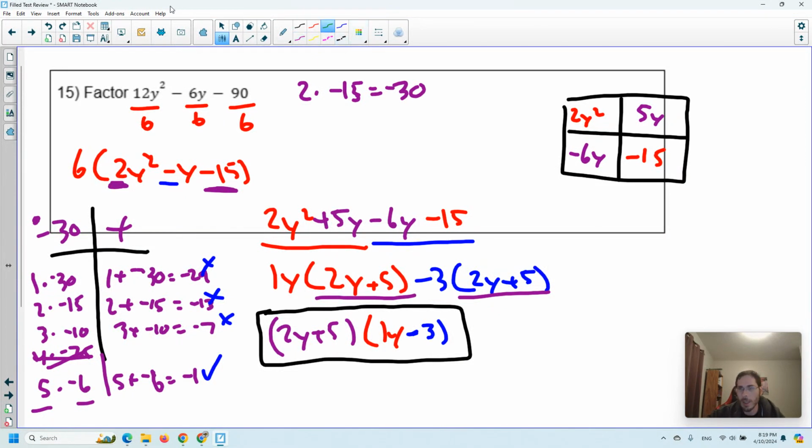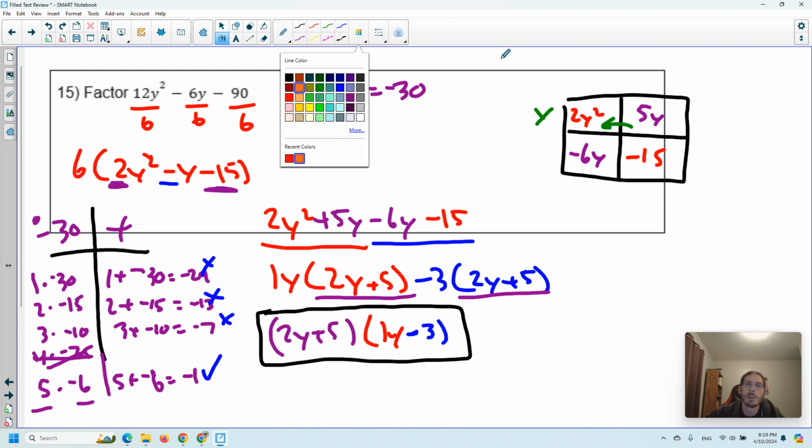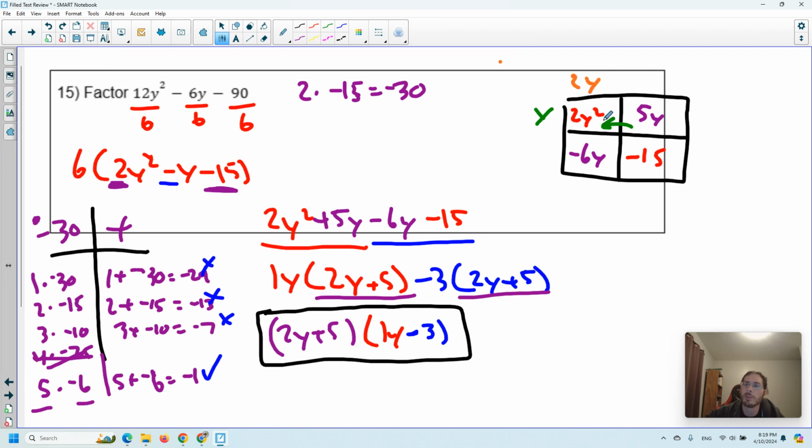It's easy to win the game, though, if we just go ahead and do our greatest common factor between these two right here. So our greatest common factor between these two is just a y. And then we can just divide to get to the rest of them. So 2y squared divided by y, or what times y would give me 2y squared? Well, that would be 2y.